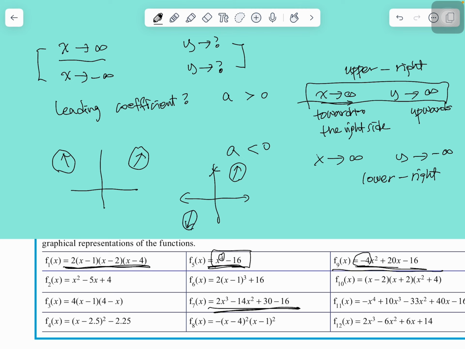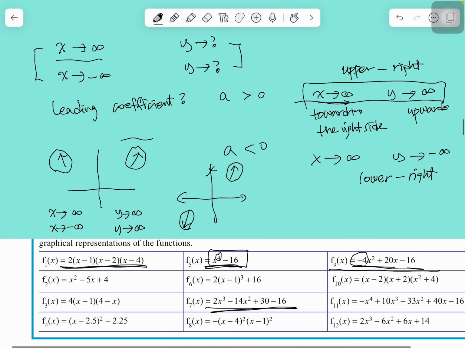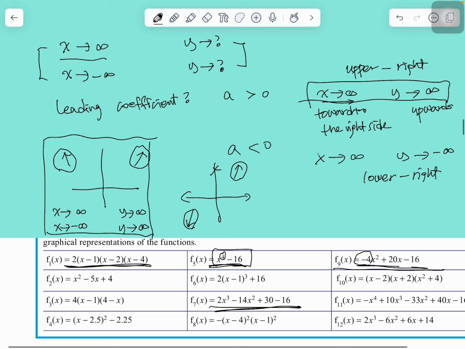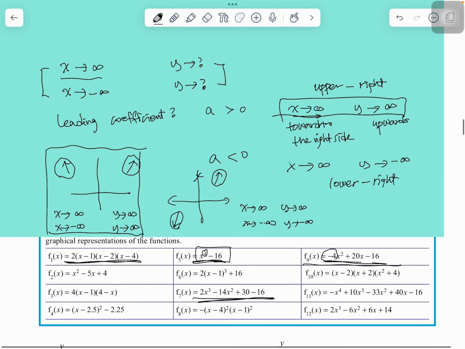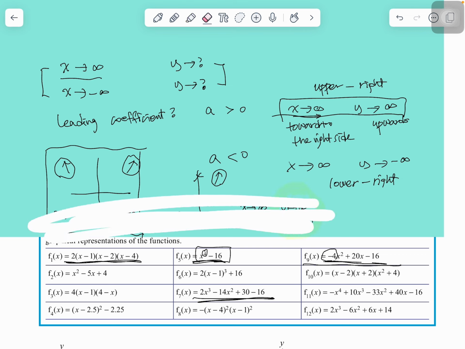We can say x goes to infinity, y goes to infinity, and x goes to negative infinity, y goes to negative infinity. And this one is the opposite. This is how we can tell the end behavior without sketching the graph.